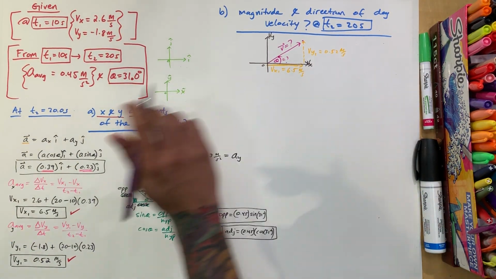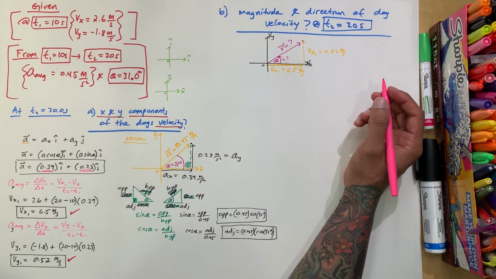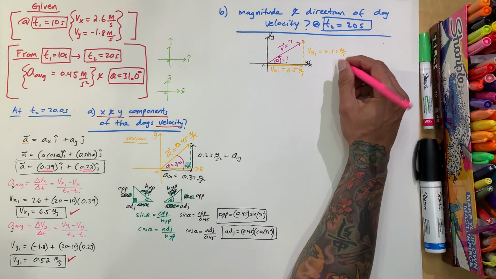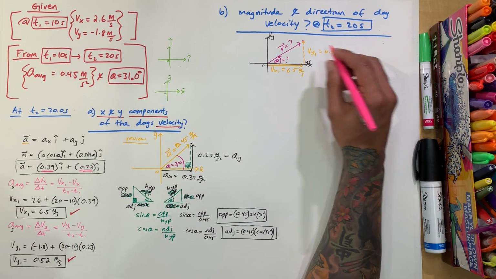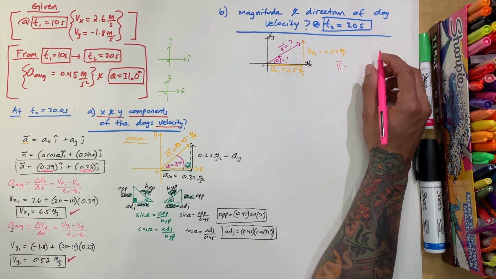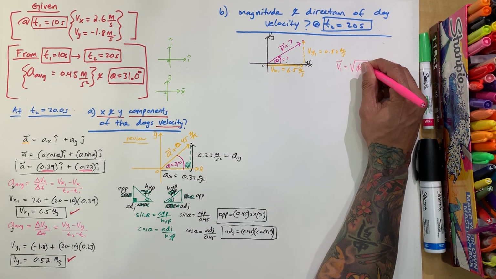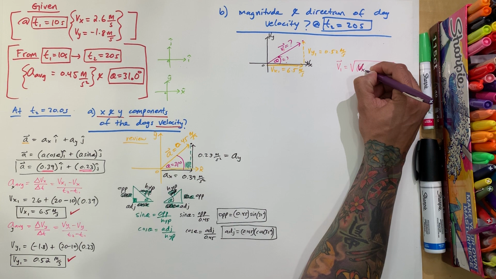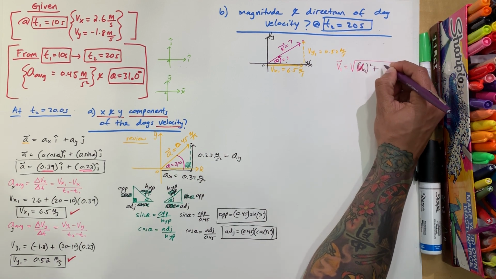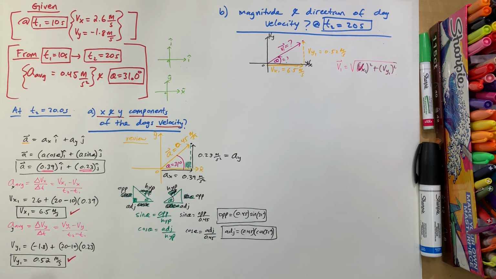But for this specific situation, we have to label things differently. So I'm going to put V1 with the vector symbol, and the magnitude is going to be the square root of Vx1 squared plus Vy1 squared. Make sure you guys can see that.